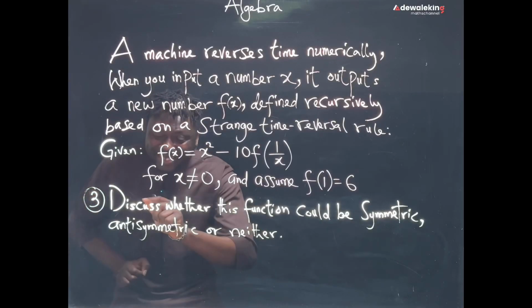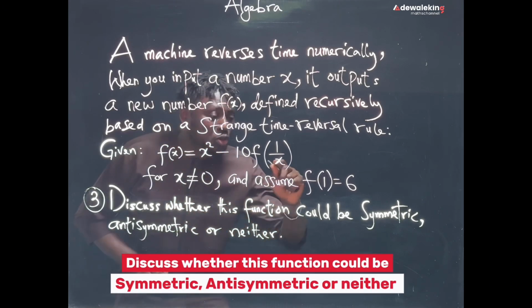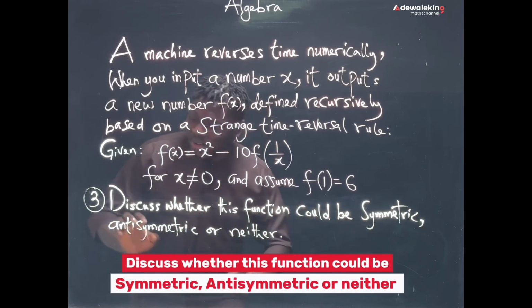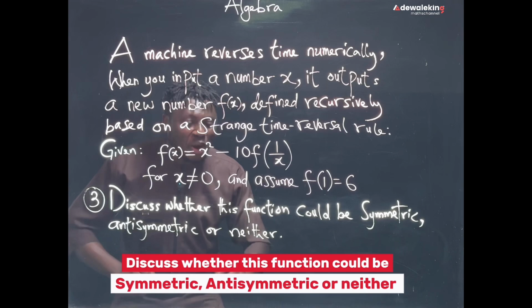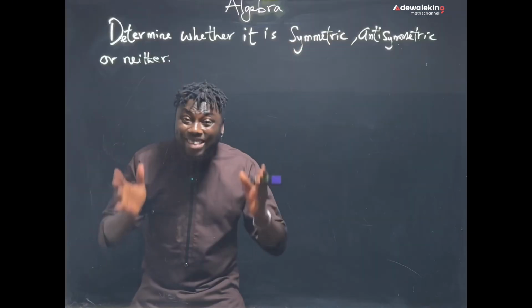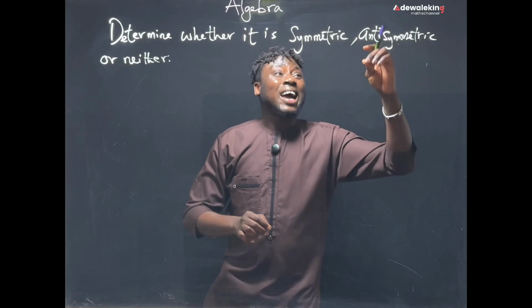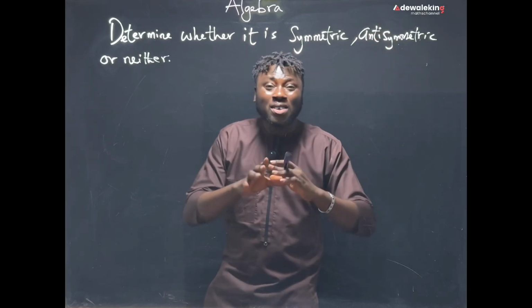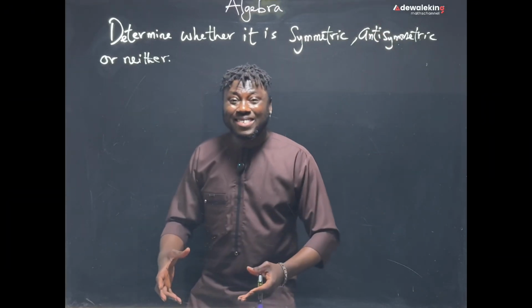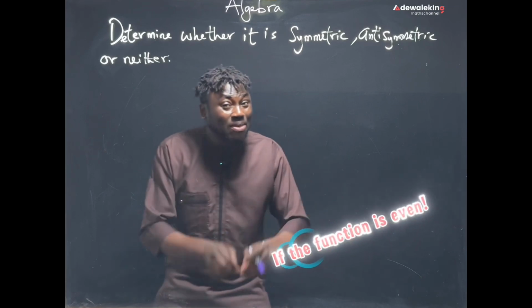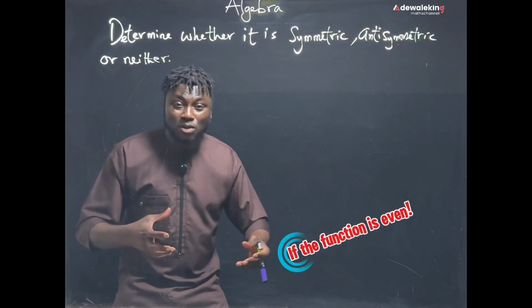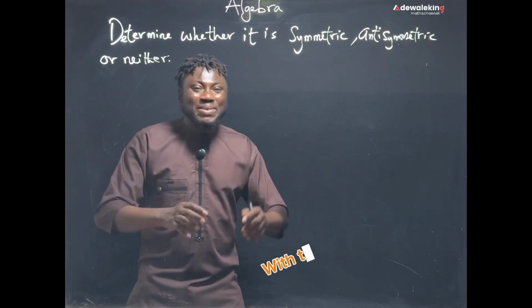3. Discuss whether this function could be symmetric, antisymmetric, or neither. To start with this, we have to check if the function is even. So let's check with the negative x.